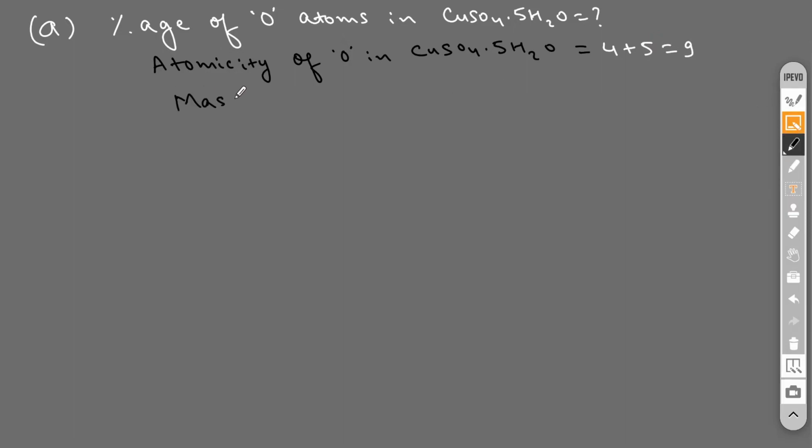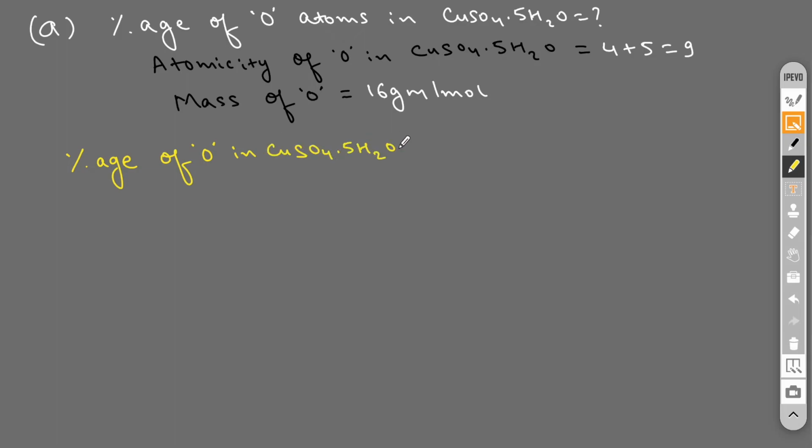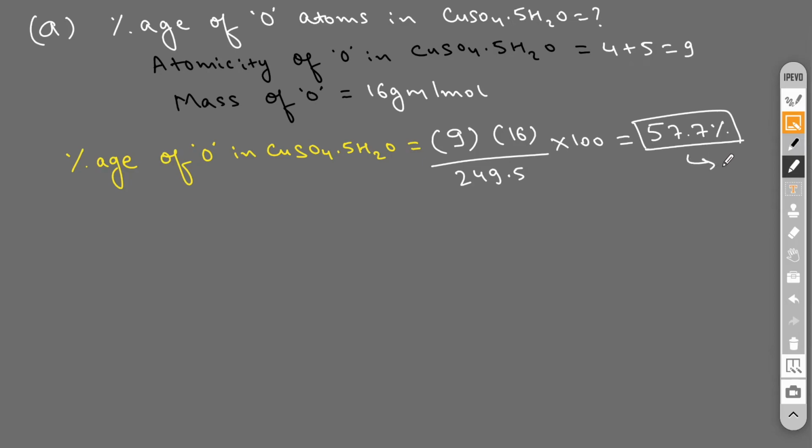Also, mass of O is 16 gram per mole. Now we have all the values. Simply, percentage of O in CuSO4.5H2O will be equal to atomicity, which is 9, multiplied by atomic mass of O, which is 16, divided by molecular mass of whole compound, which is 249.5. On solving, it will come out to be 57.7%. This is the answer simply.